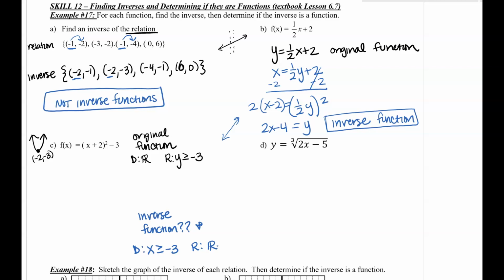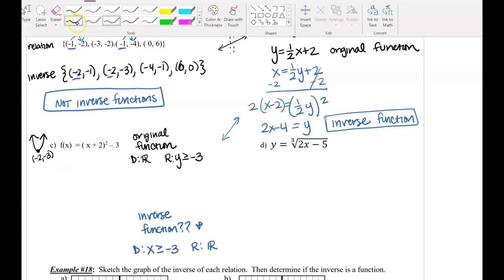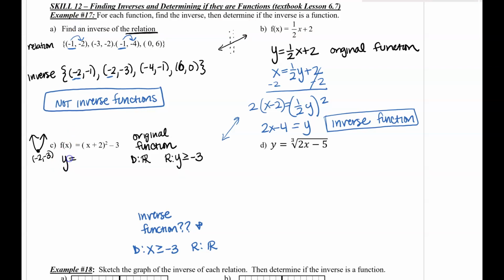Okay, so let's go through the process to solve. So I'm going to rewrite my original function with x and y. I'm going to switch x and y to make my inverse. So right here, I have officially written a new equation that is the inverse, but I'm going to rewrite it in the form we're used to seeing, and then decide if it's a function.